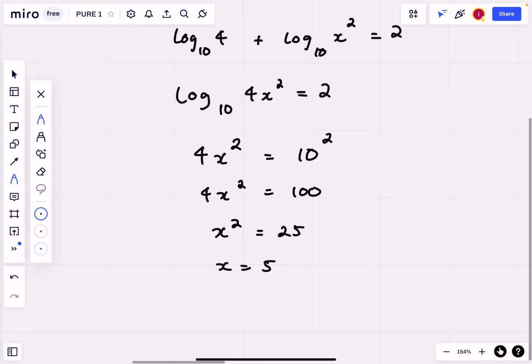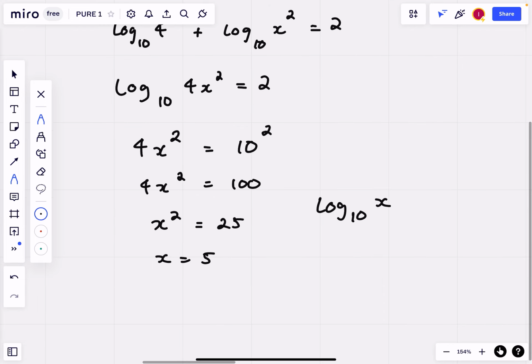Remember, logs are always positive. So log 10 of x is always positive. Where technically I would get plus or minus 5 after square rooting, I would only take the positive answer.